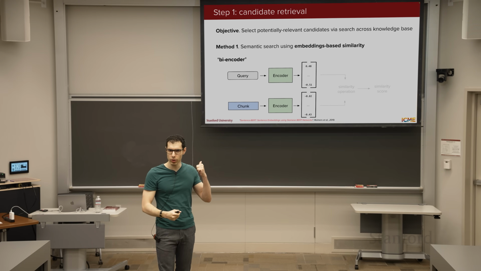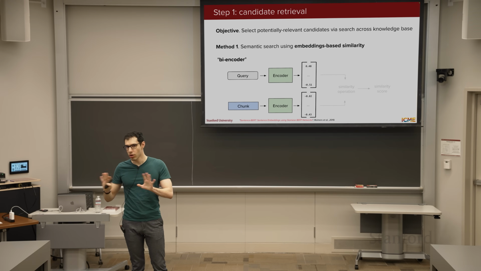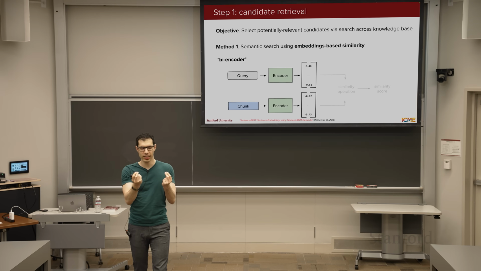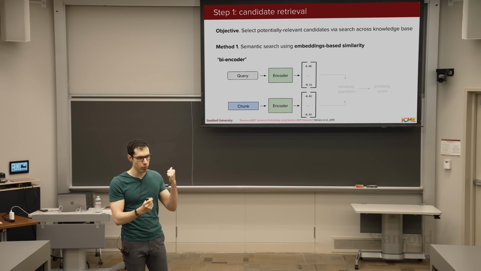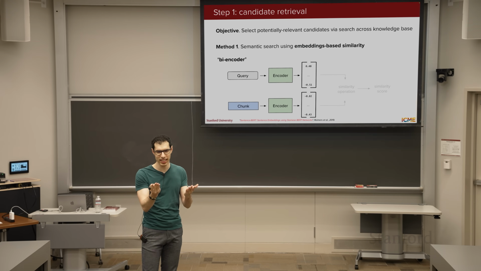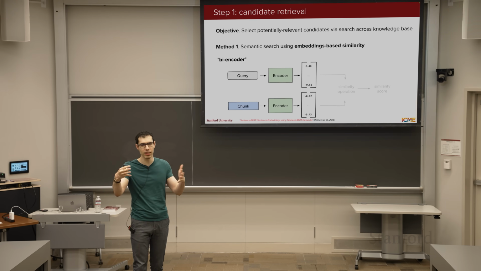But in the way that we compute these embeddings, we're not enforcing any kind of keyword match. When we retrieve documents in this way, it can very well be that the documents that are matched do not have any word in common, but they mean the same.